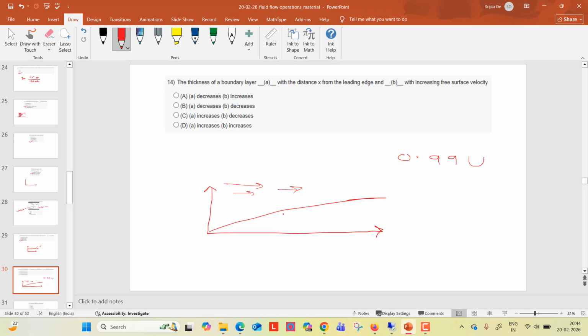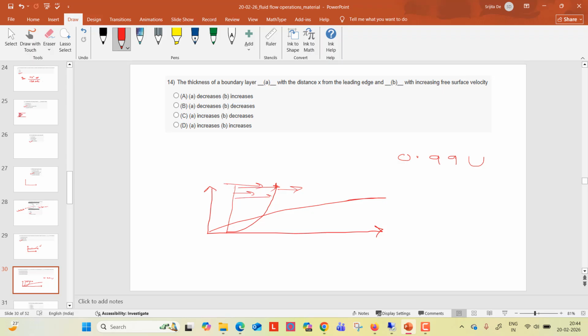So suppose at this point I am drawing. When the fluid flow is starting, suppose this is a flat plate and fluid is moving, and this is the U velocity.